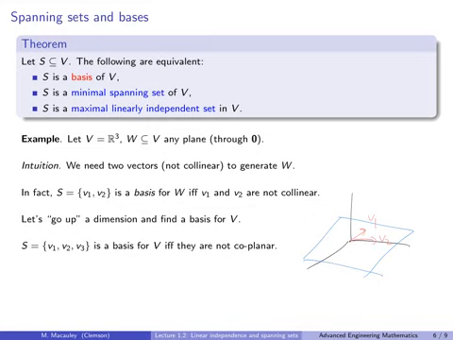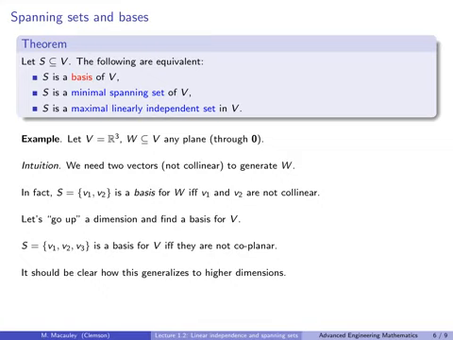And if we have V3 that lies on the plane, then we still only span the plane. So if V3 lies on the plane, it will not span the entire space. But once we get a V3 that does not lie on the plane, then it spans R3, and it's linearly independent, as we discussed earlier, and therefore it is a basis.